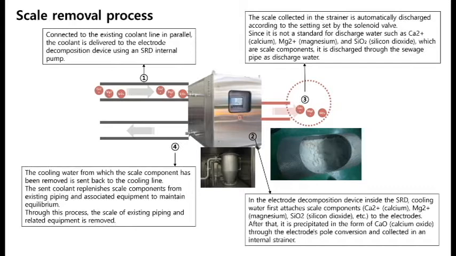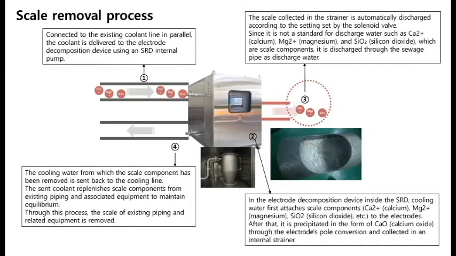Second, in the electrode decomposition device inside the SRD, cooling water first attaches scale components calcium, magnesium, silicon dioxide, etc. to the electrodes. After that, it is precipitated in the form of calcium oxide through the electrode's pole conversion and collected in an internal strainer.